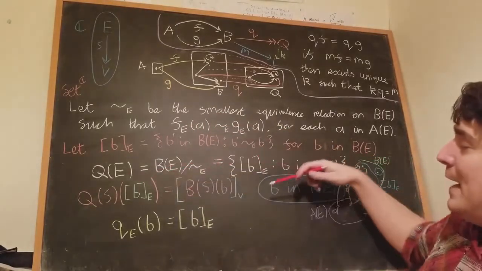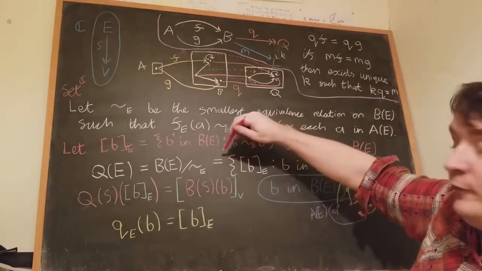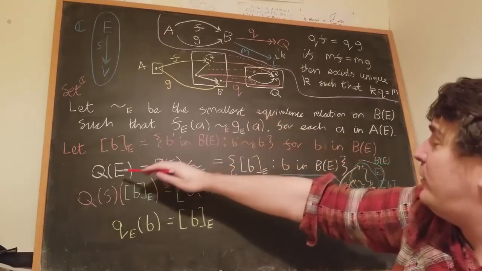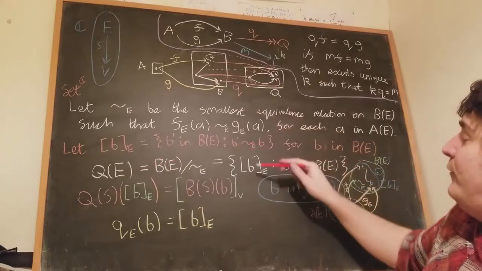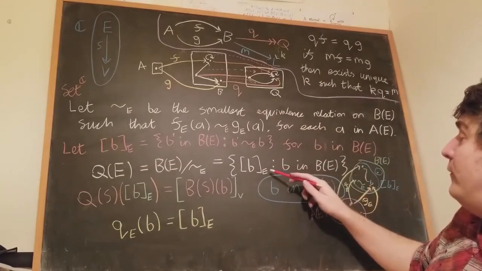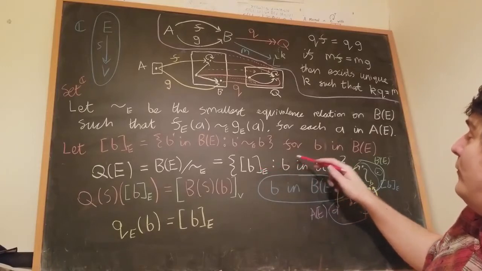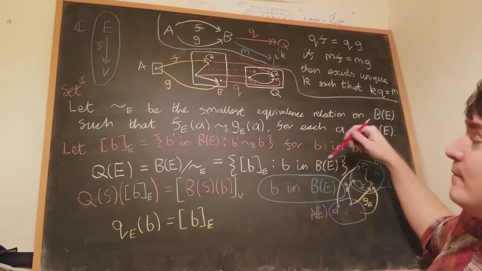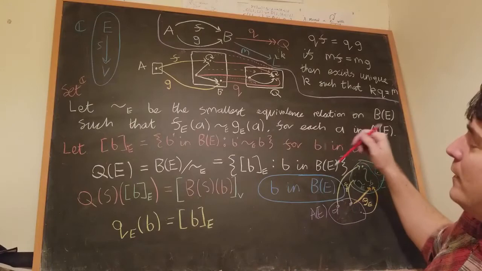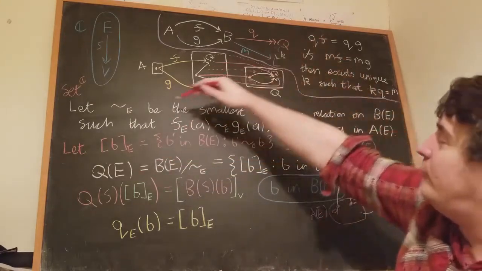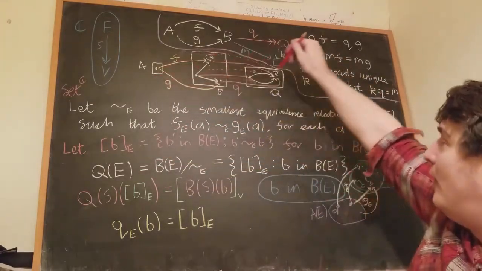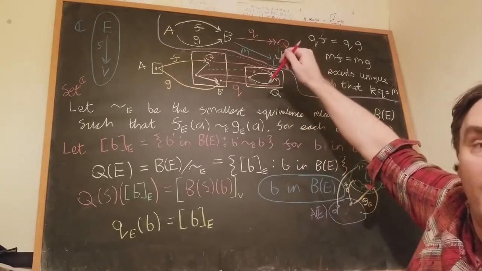So that's basically just saying that we think of this Q of E here as the set of all equivalence classes of little b for these elements little b of B of E, okay? So now I can finally describe more formally what's going on in this picture, okay?